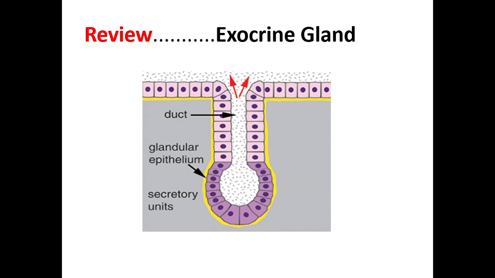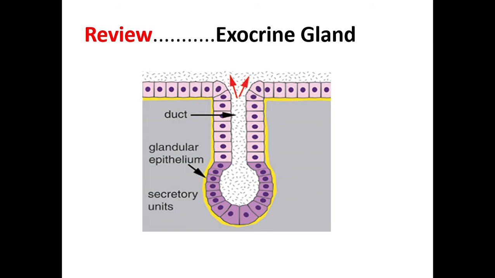Again, we have the illustration of the exocrine gland together with the cells composing the duct and the glandular epithelium. The secretory cells or the secretory units of the exocrine gland produce substances that are elaborated to the surface via the ducts, and the shape of the cells in the secretory portion are more or less columnar to pyramidal cells.